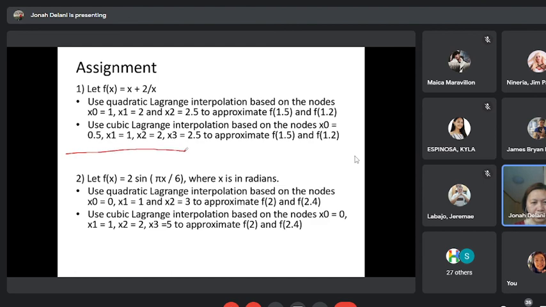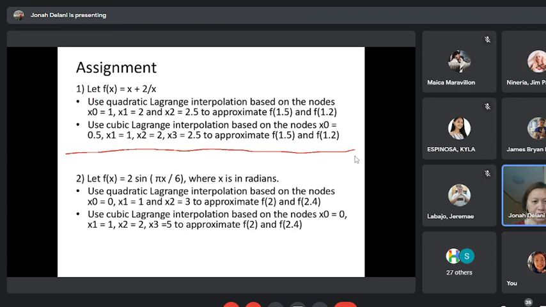So the assignment would be, pwede sa taas, pwede sa ubos. Anyway, i-post lang na ako siya. The assignment will not be needing the Excel worksheet, but let us try to look at it. Solve siya by hand and also calculator po. Cubic o quadratic naman siya, so it's not very long. And then, picture na lang or PDF form.